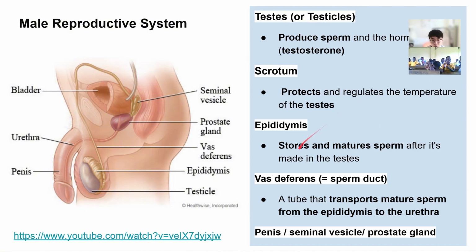There's also the epididymis, which stores and matures sperm after it is made. And there's also the vas deferens, also called the sperm duct, which is basically a tube. You can see this tube that transports mature sperm to the urethra.